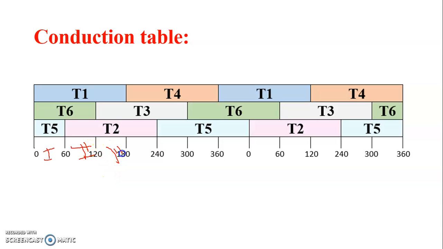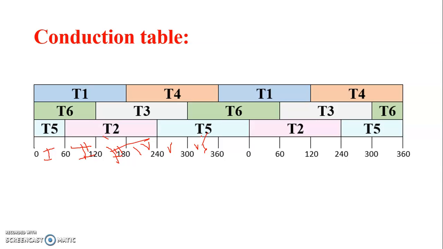For step 3, thyristors T1, T3, T2 are turned on. For step 4, thyristors T4, T3, T2 are going to conduct. For step 5, thyristors T4, T3, T5 conduct. In step 6, thyristors T4, T6, T5 are conducted.